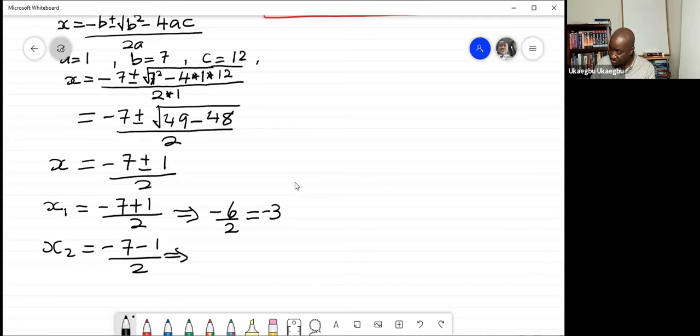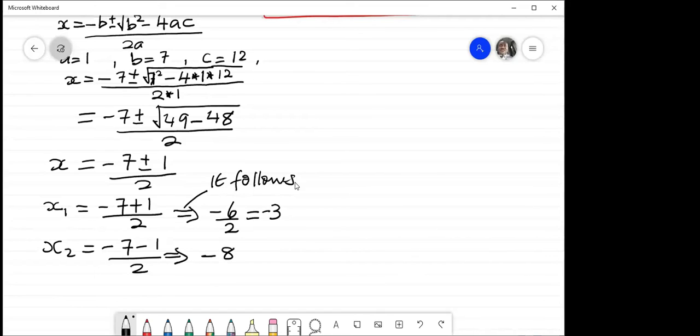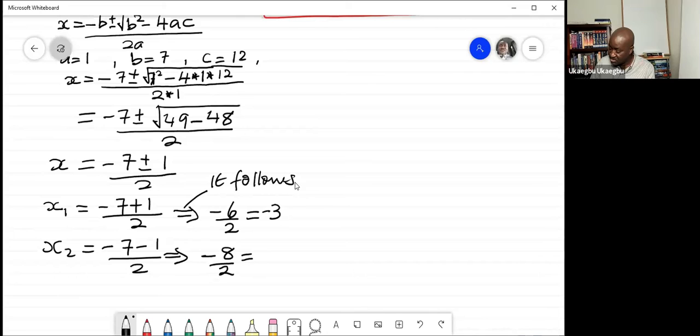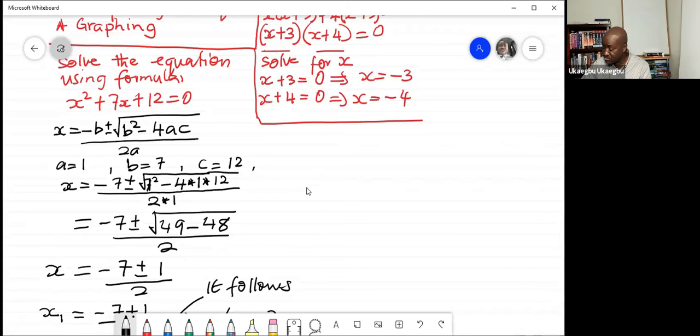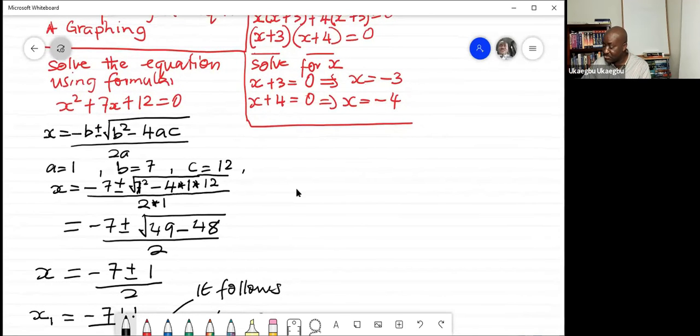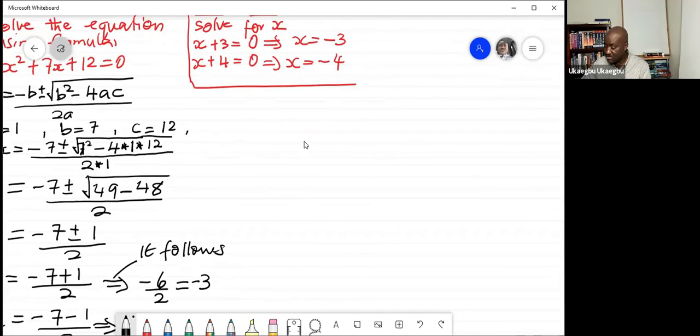And this sign means it follows. It follows that -7 minus 1 is -8 over 2, which gives us -4. And if we come back to the original solution when we did factoring, you can see that it is the same thing. All right?